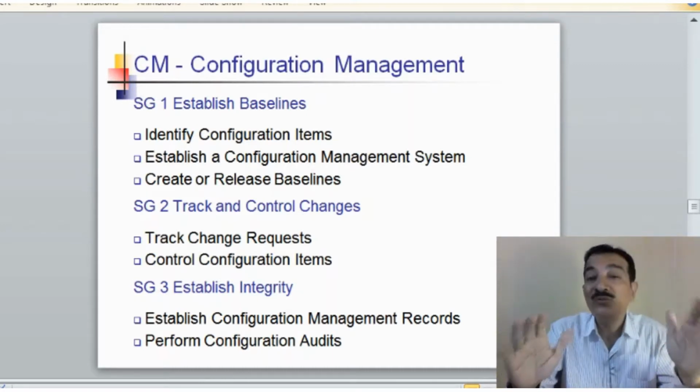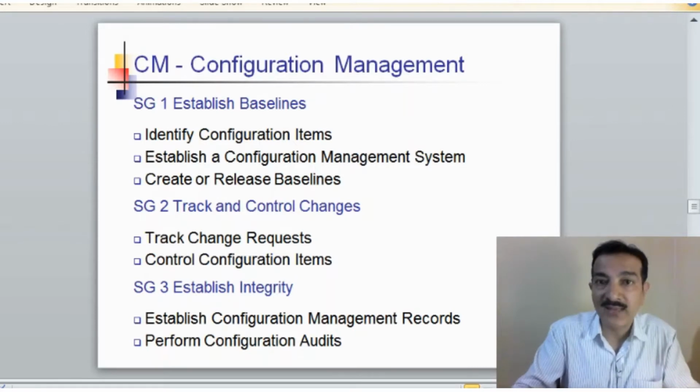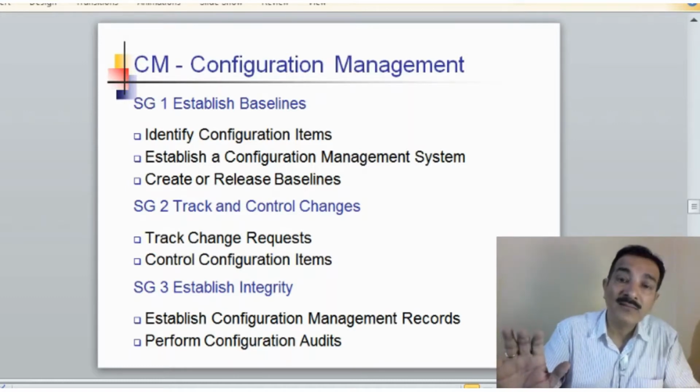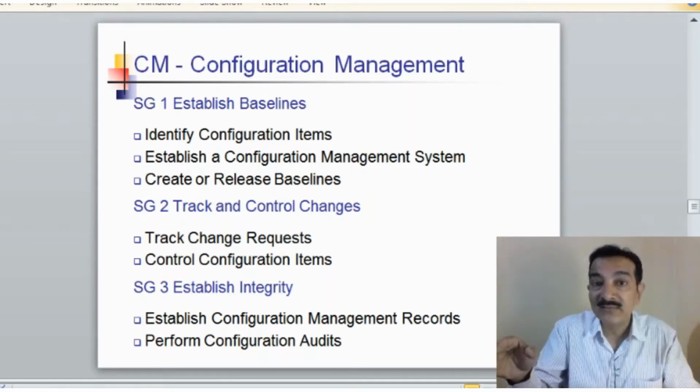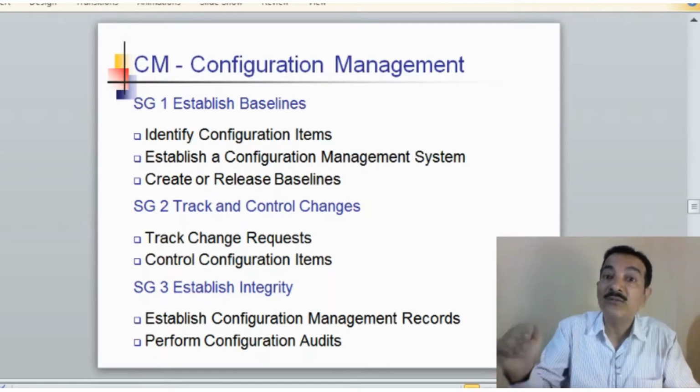So what do you have to do to establish a baseline? Baseline is a work product which you will identify, and once it's baselined, after that the product will not be allowed to change. So first you will have to identify all the work products, which are configuration items.